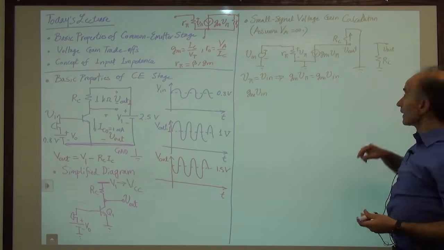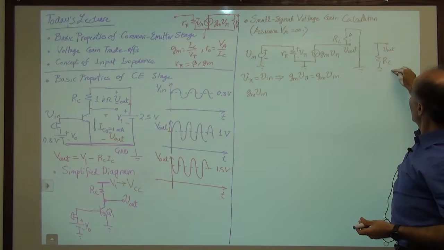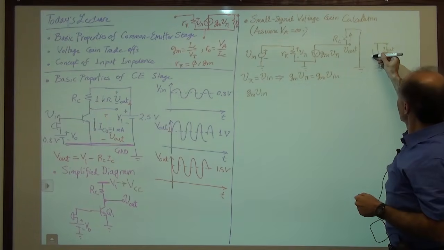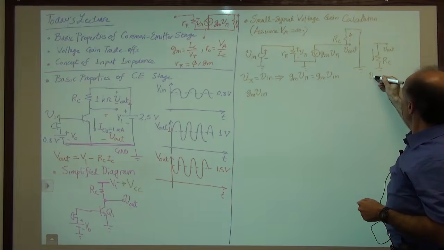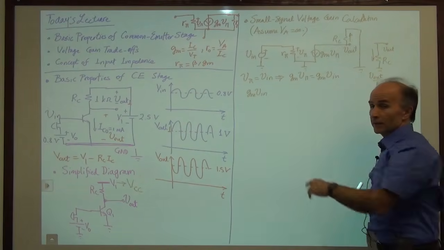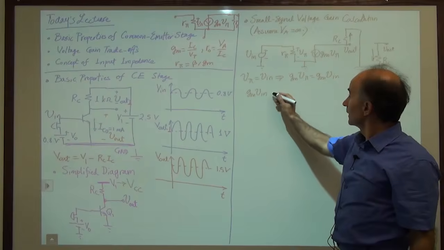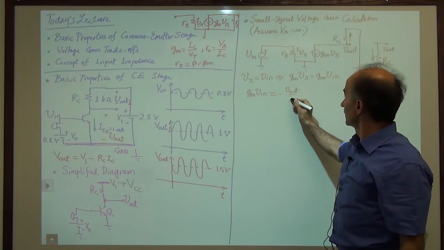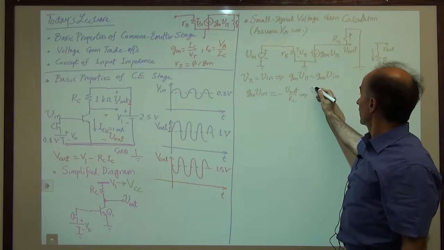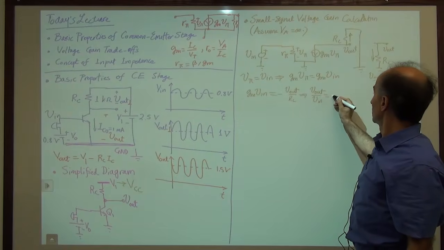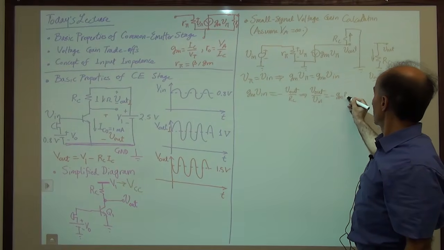Now you can see that this voltage with respect to ground is the same voltage as across RC, which means this current is just equal to Vout over RC. And that means that I can add this current and set the result to 0. So that's equal to minus Vout over RC, which means Vout over Vin is equal to minus gm RC.